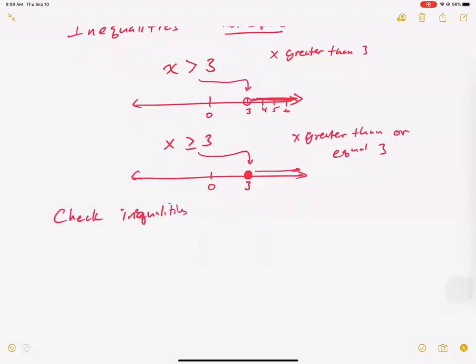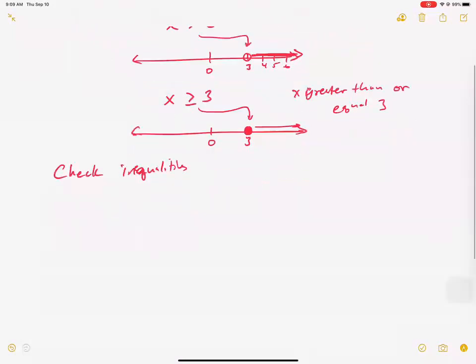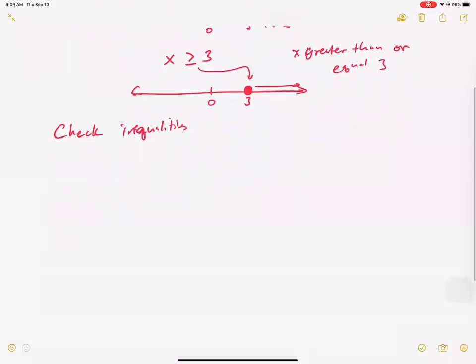My example is, if I tell you 2x plus 5 is greater than 10, let's think of some numbers that will work. Would x equal to 1 be a true statement? Would x equal to 2 be a true statement? Would x equal to 3 be a true statement?